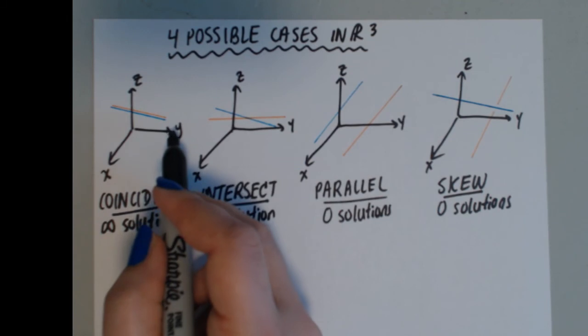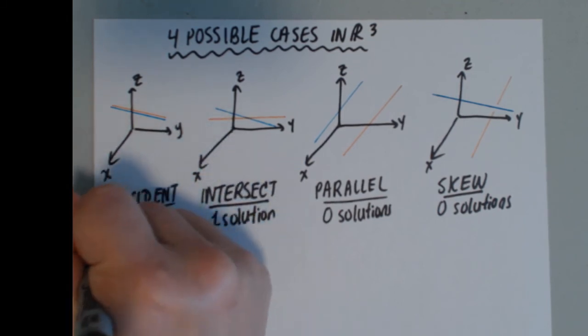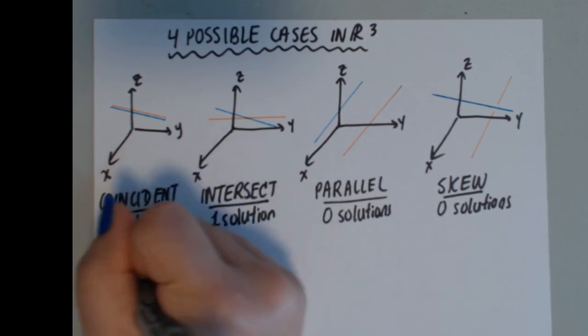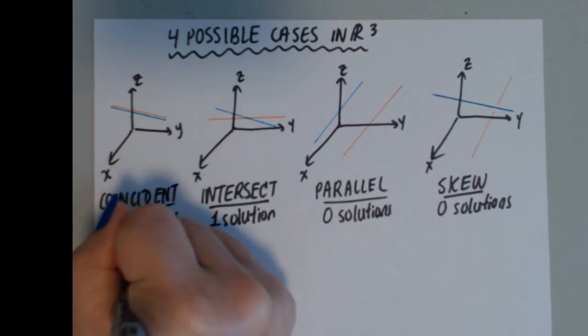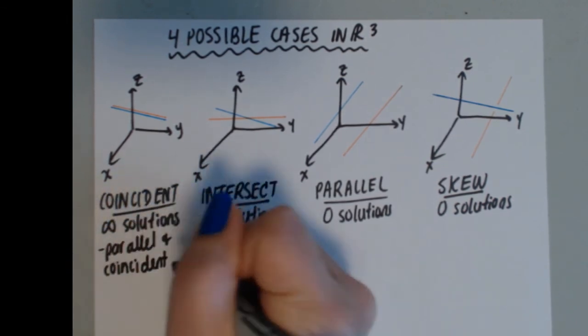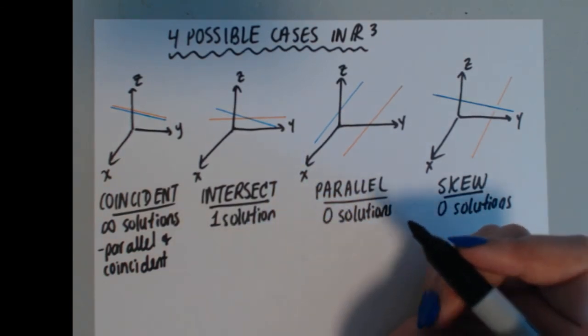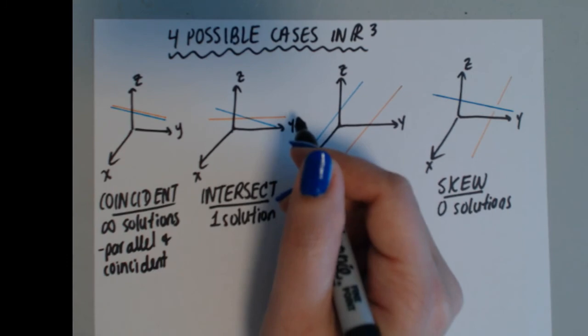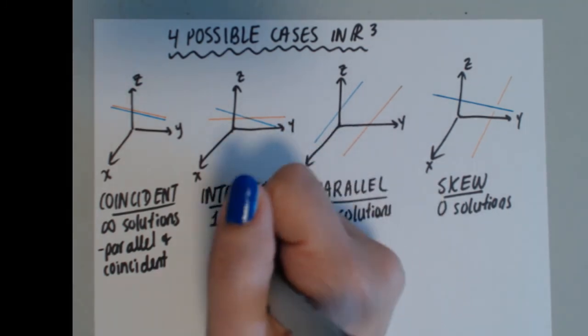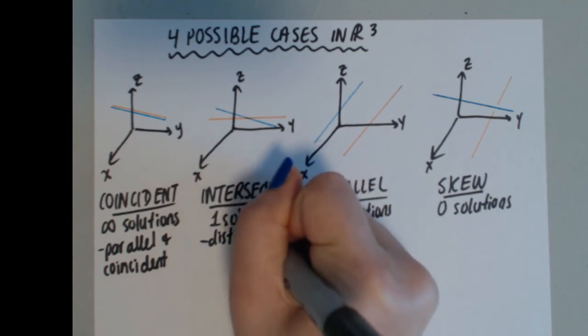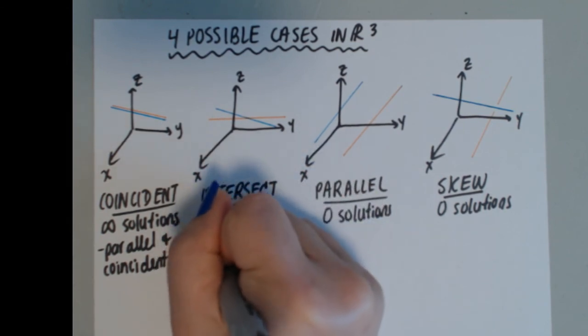For example, if our two lines are parallel and coincident, that's exactly what I have to show. That they are parallel, that'll be given by the direction vector, and they are coincident. So one point, at least, that you can find, exists on the other line as well. Intersect. Now, when they intersect, these are distinct lines. So that means they're not the same line, and they intersect.